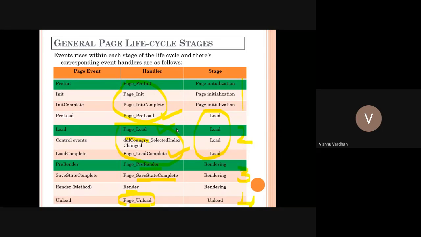And most of the time we are using either the page load method, sometimes page init. If you are working with master pages or some other control components, then page init will be the event handler where you put all the master page initialization information.